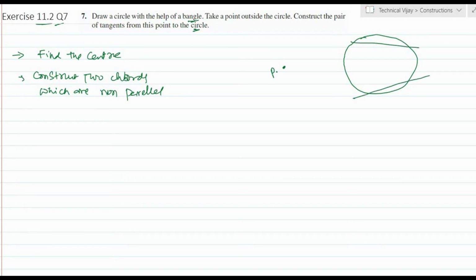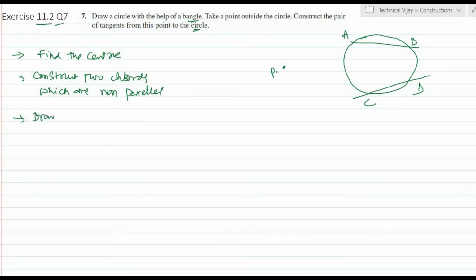Suppose this is one chord, and one more chord is like this. Let them be AB and CD. Construct two chords, and afterwards draw the perpendicular bisector of AB and the perpendicular bisector of CD.